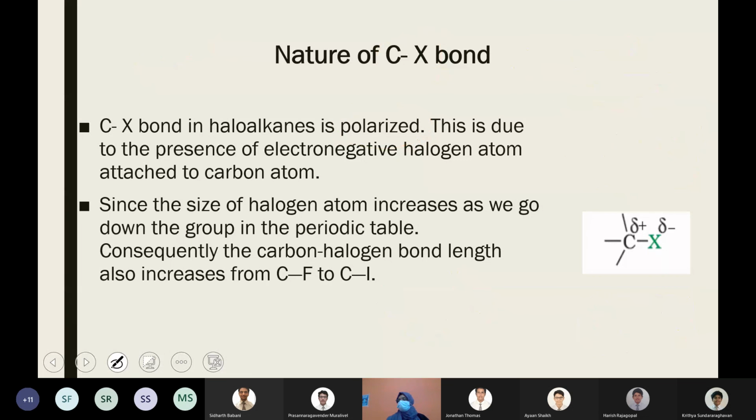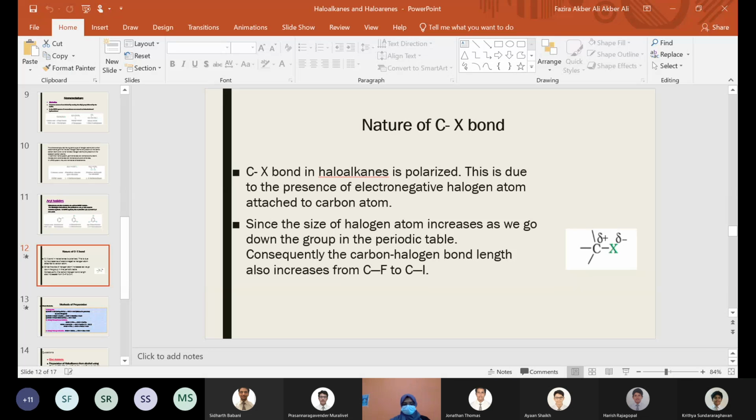It's a very important thing, because this is what leads to the chemical properties of haloalkanes and haloarenes. So we'll continue this one, don't worry.